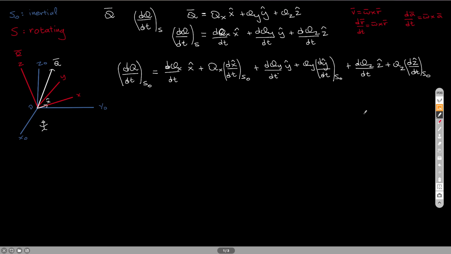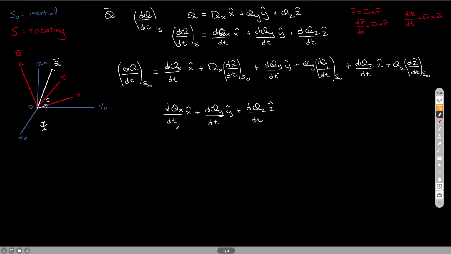So let's do the following. I'm going to bring some terms together: dqx dt x hat plus the same thing in the y, dqy dt y hat, plus dqz dt z hat, plus the rest.